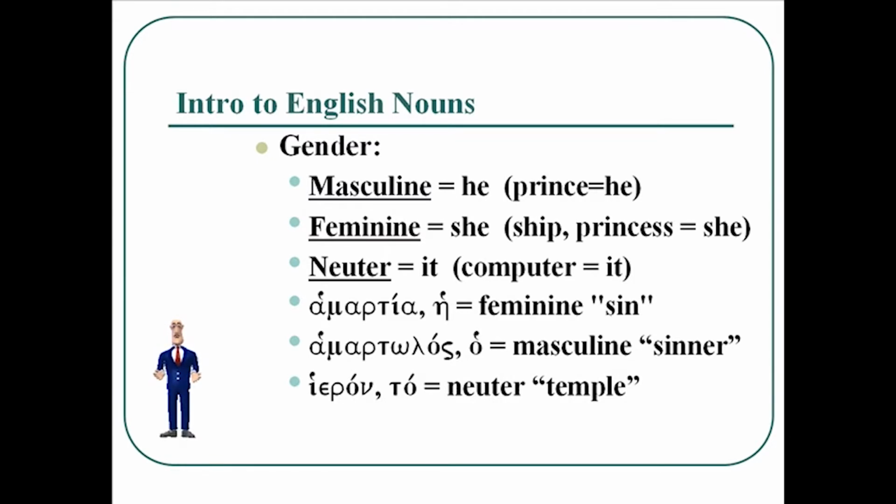So Greek can mark their nouns as either masculine, feminine, or neuter. But that marking is only a grammatical marking and many times does not match an actual gender of the object it's referring to. So gender is pretty straightforward, very similar to what we have in English. You have a masculine, a feminine, and a neuter.